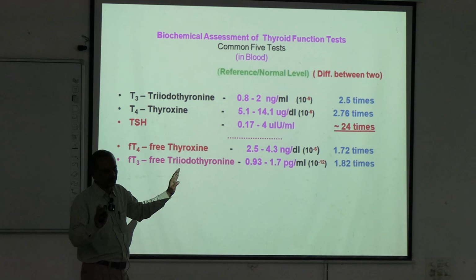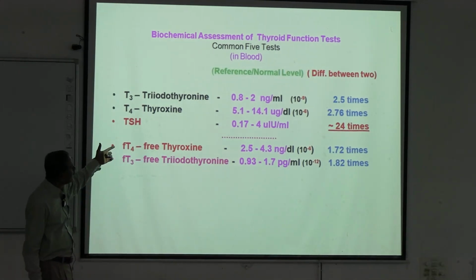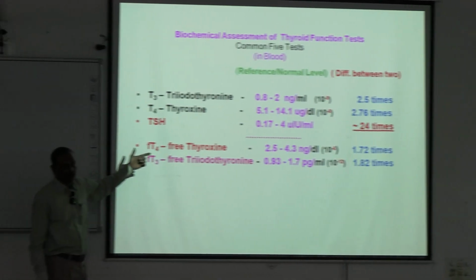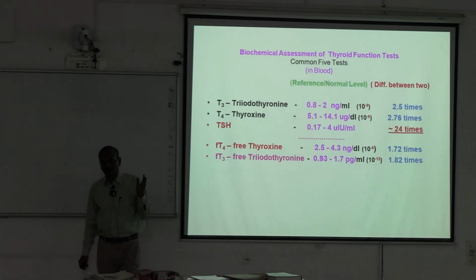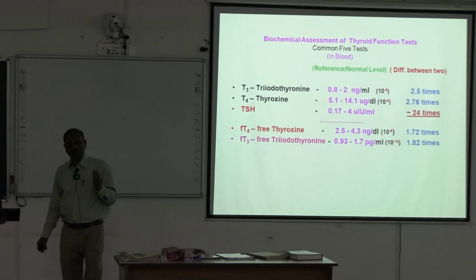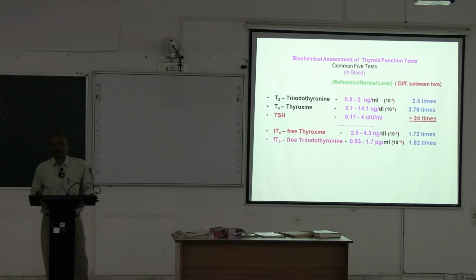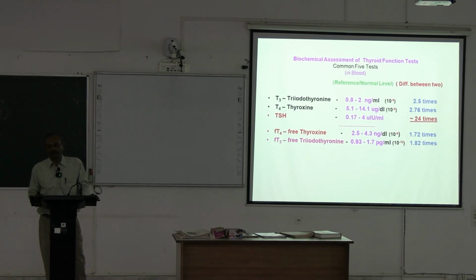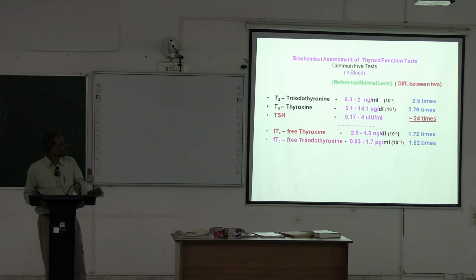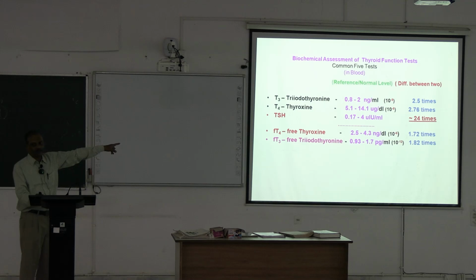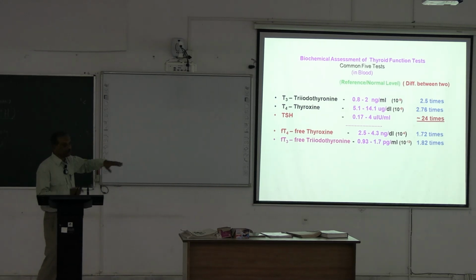But only in case of TSH, the range between the lower and upper is 24 times, and it is the highest range of any known biochemical parameter measured. So since the range is very high, how will you represent it? It is not linear. So a small change in FT4 will cause a significant change in the TSH level.